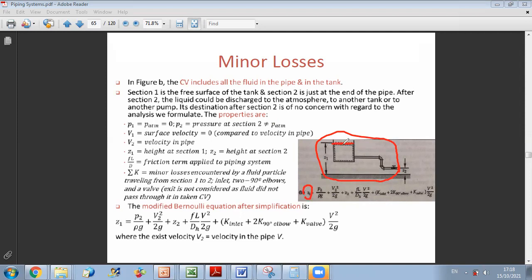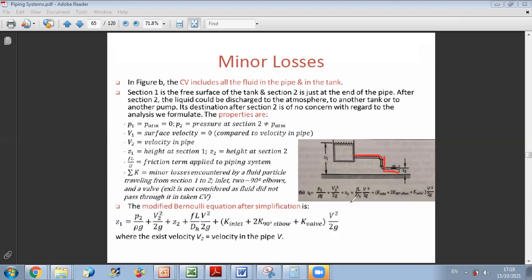Now, as you move from point 1 to point 2, you have minor and major losses. In this control volume, your minor losses are the inlet here, two 90 degree elbows, and a valve, okay? Concerning major losses, you should account here for this length: this part plus this part plus this part.